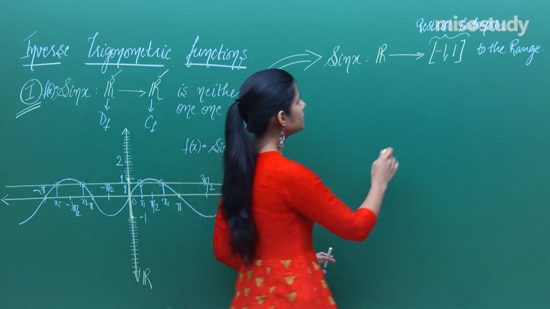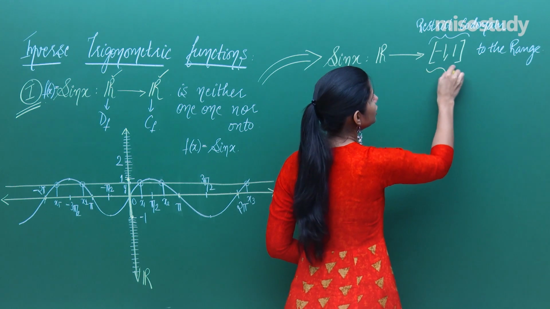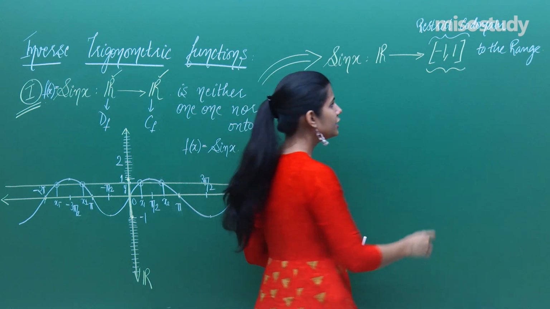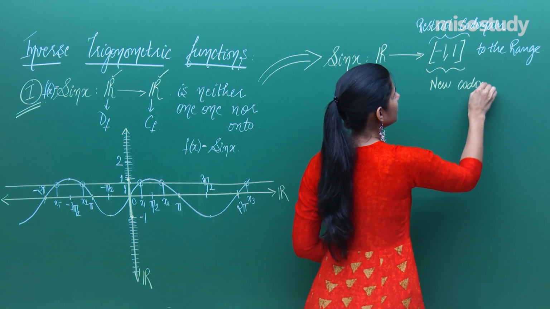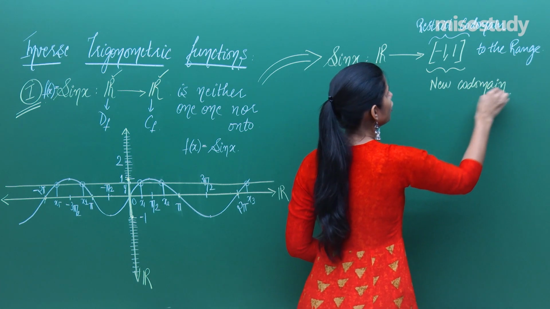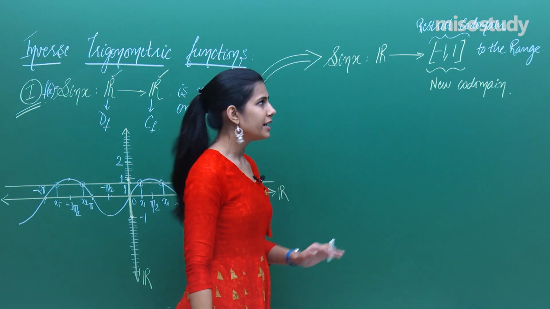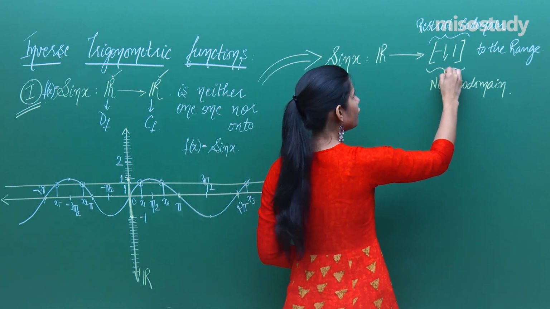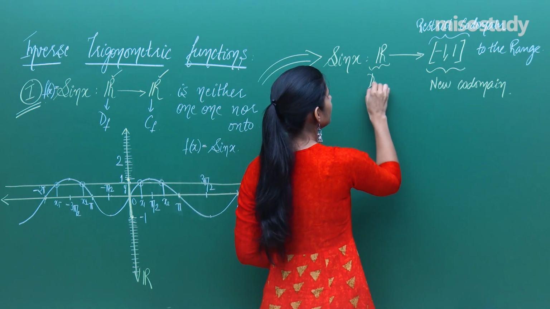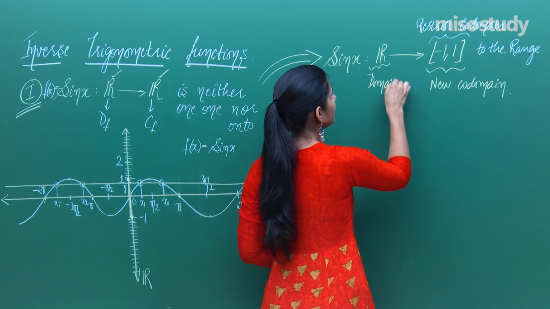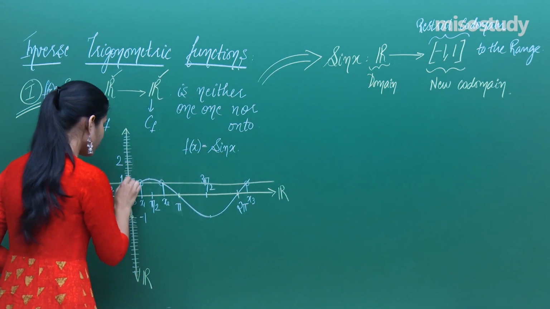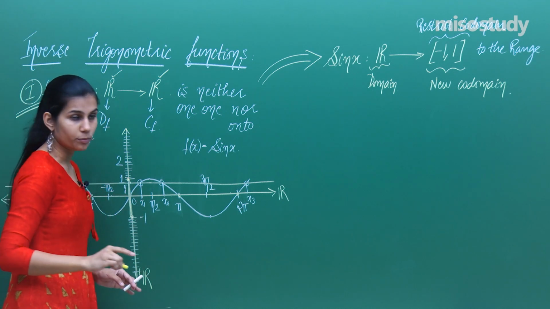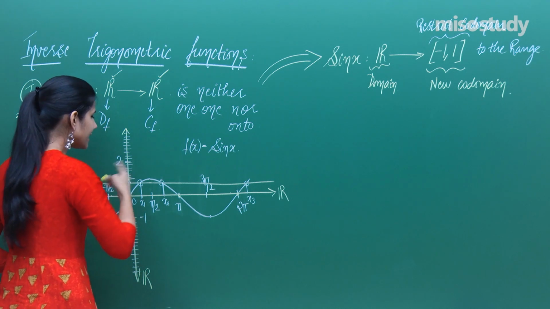Because right now, this is the new codomain. If you see, every member of this codomain has at least one preimage in the collection of all reals, which is my domain, right? So because each member in the new, manipulated codomain has at least one preimage.